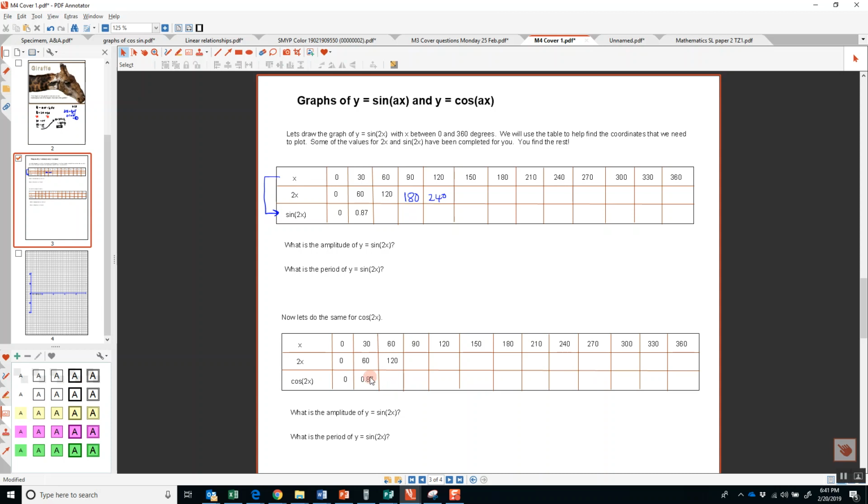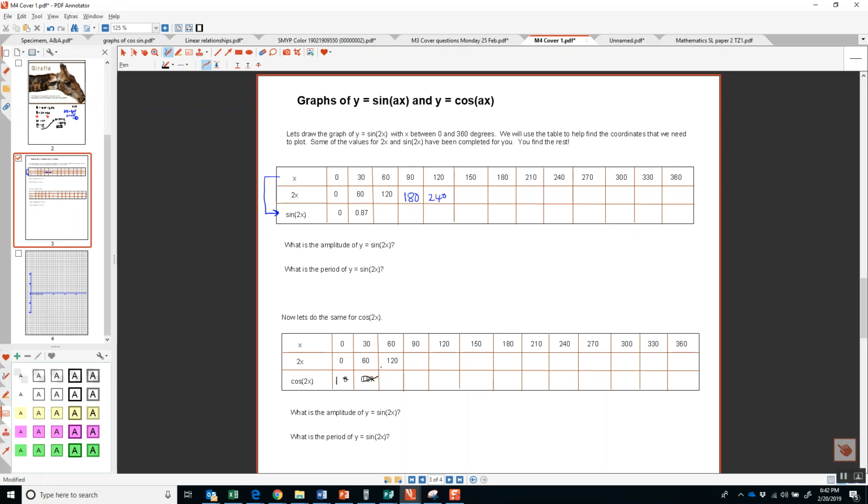And I've just noticed a mistake in here. Can anybody spot it? Let's just change it up. We should all know that cos of 2 times 0, cos of 0 is 1.